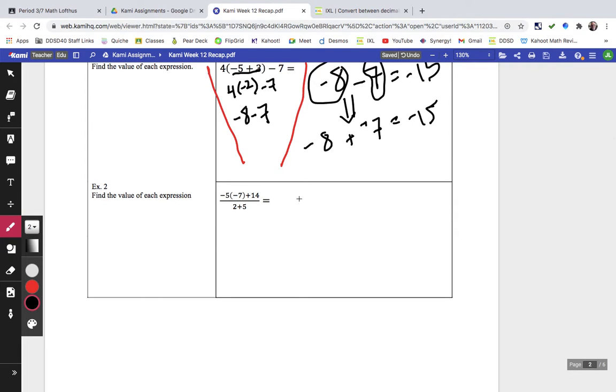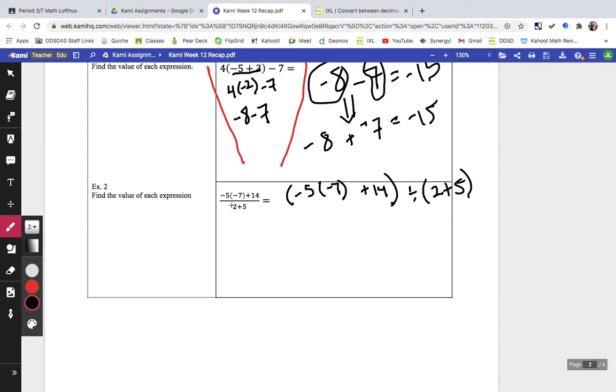And let's do one more. This grouping symbol, this fraction bar, acts like a parentheses. So it's the same exact problem as this: negative 5 times negative 7 plus 14, parentheses, divided by another parentheses, 2 plus 5.